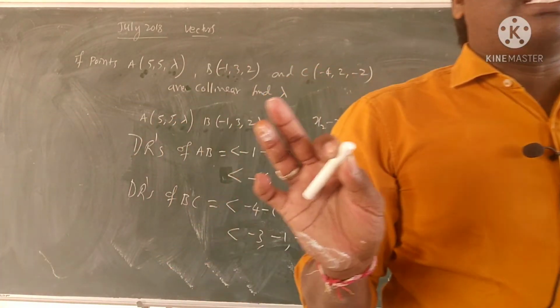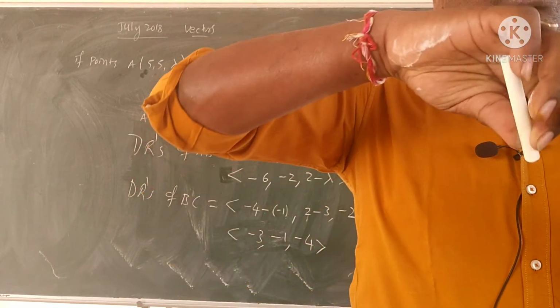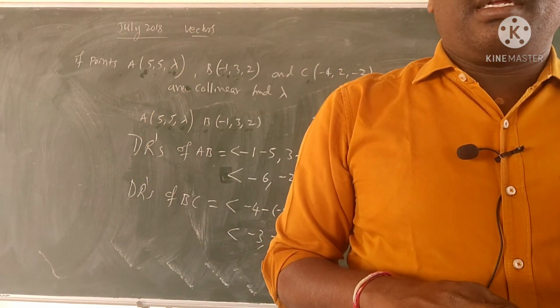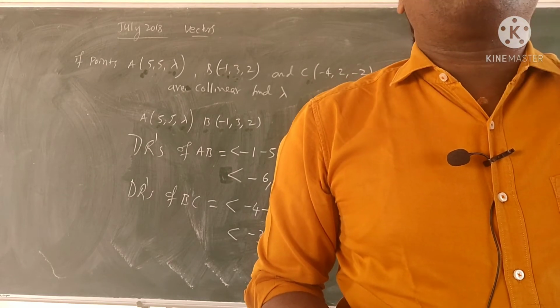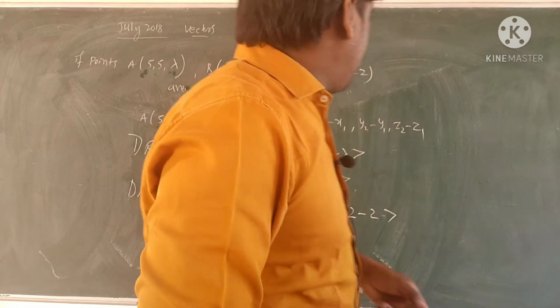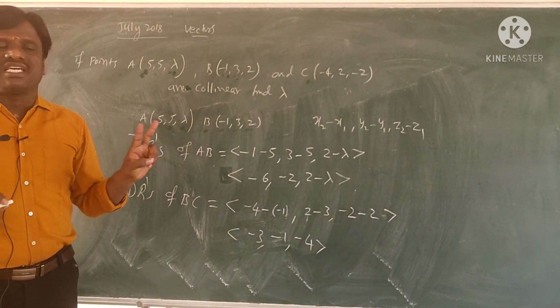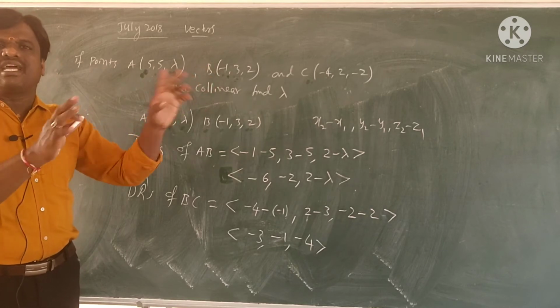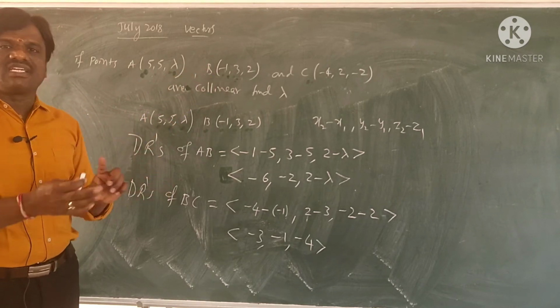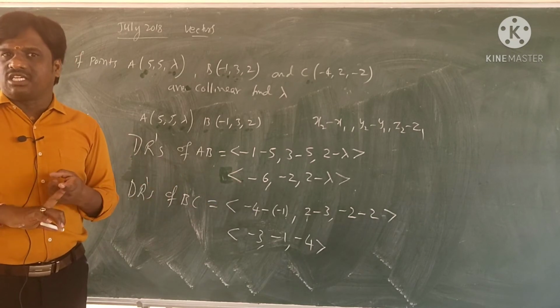See here, now what I have done is a small thing here. If two vectors are collinear, then their components are proportional. I have to take proportional. Vector concept also you can use the same way. AB vector is OB minus OA. BC vector is OC minus OB. You have got the two vectors or direction ratios.